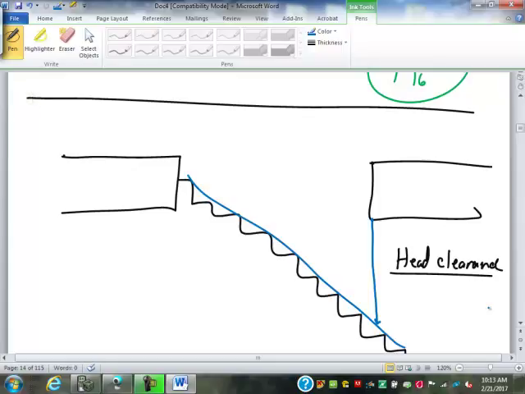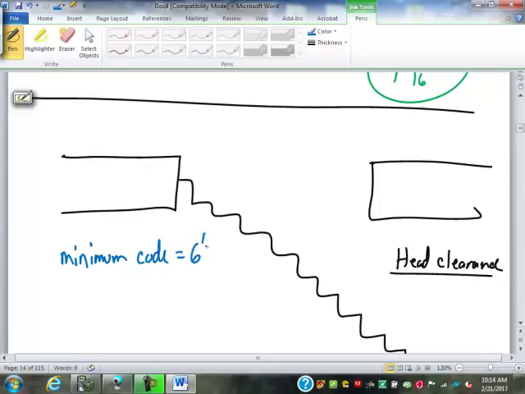We're not going to be quite that particular about it. We're going to make it a little bit simpler than that. Minimum code for head clearance is 6 foot 4 inches, or 76 inches of head clearance.